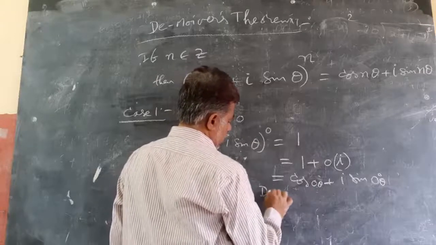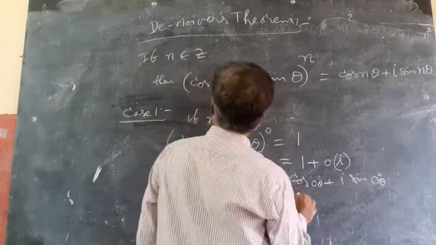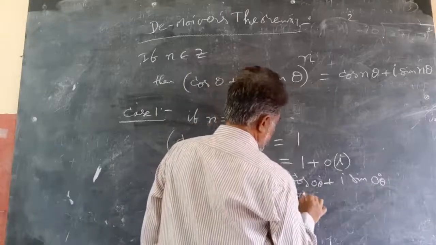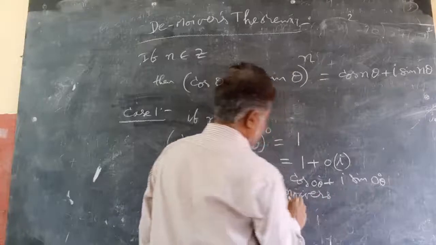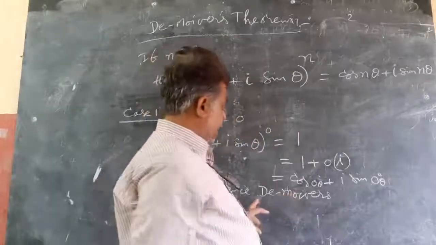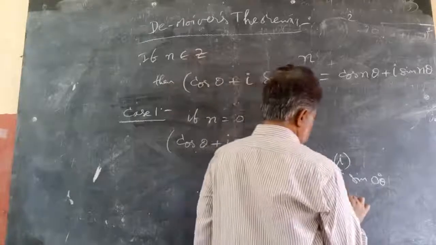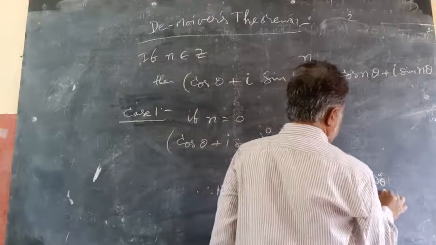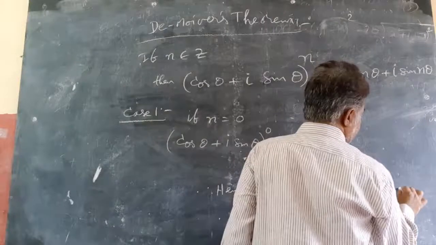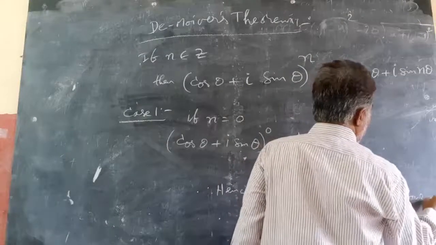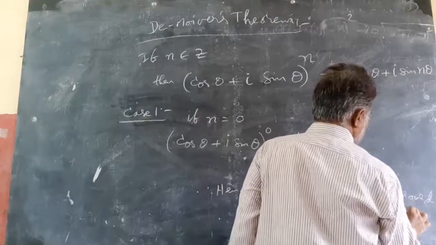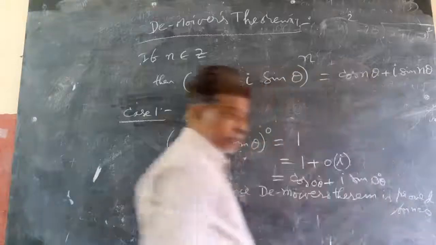Hence, De Moivre's theorem is proved for n equal to 0.